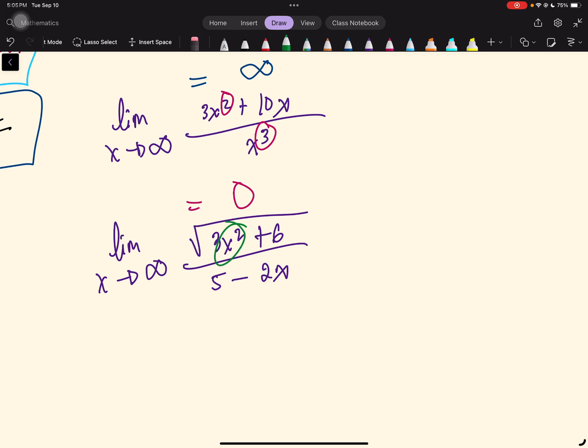Is it x squared? No. If you said x squared, you're wrong. Because we're taking its square root.